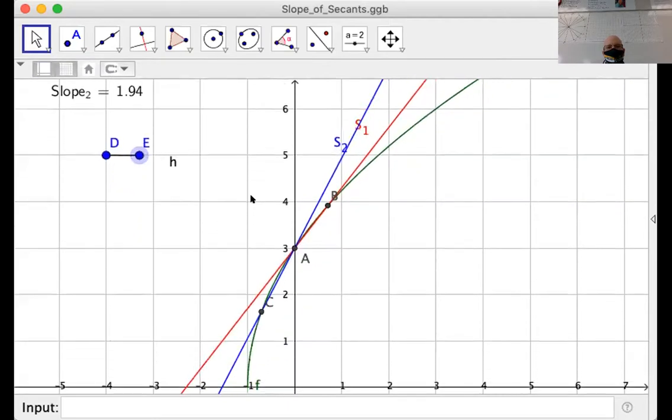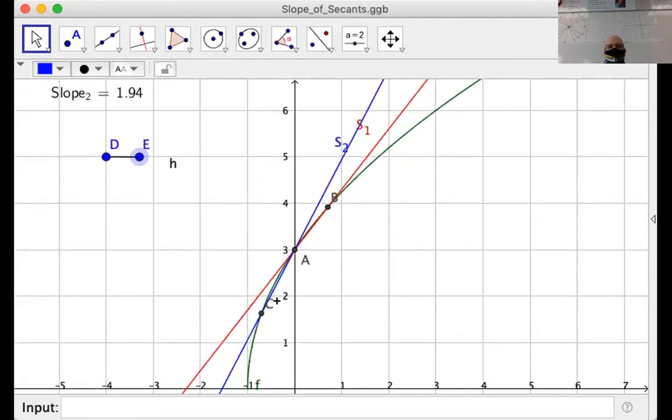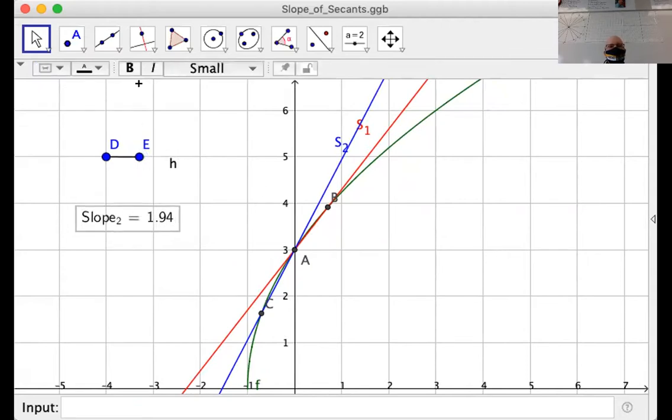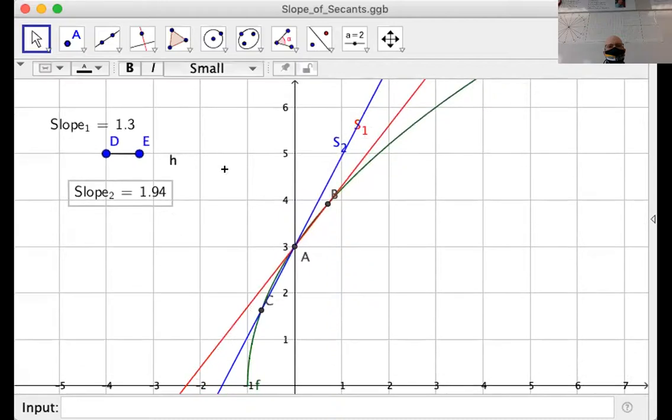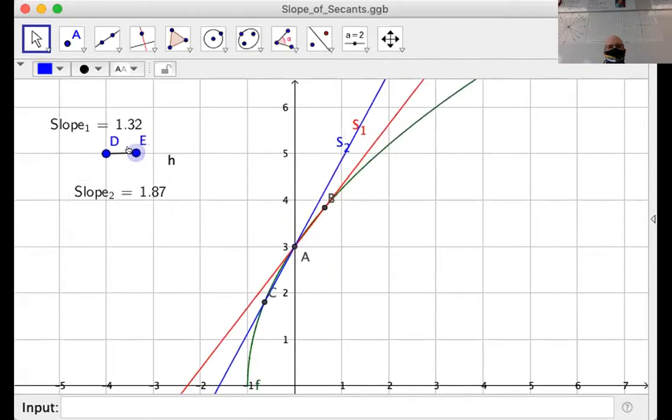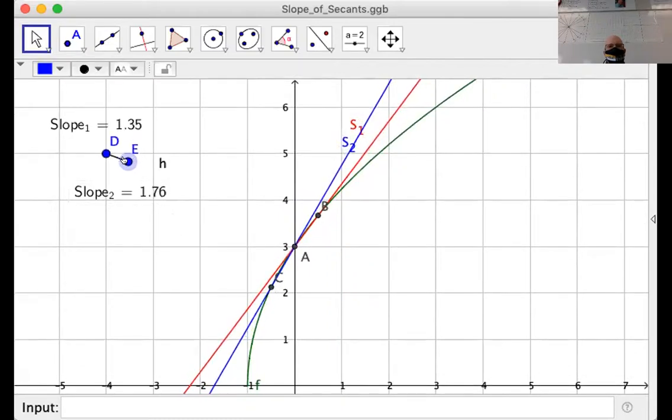So this X distance here is H. Does everybody follow that? And I'm approaching both of these secant lines. And let's see if I could slide that down. And slide that down. And as I decrease H, points B and C are moving to A, correct?